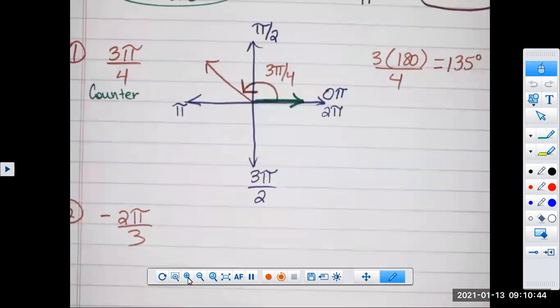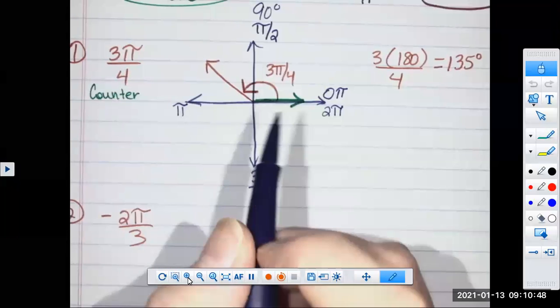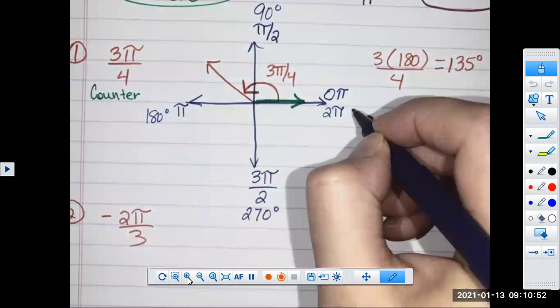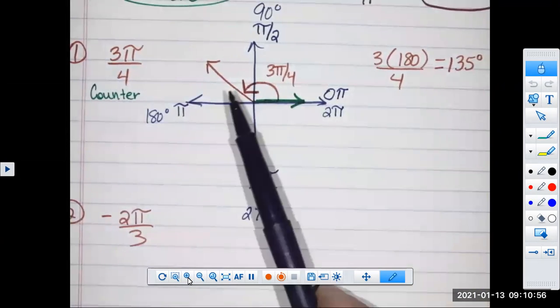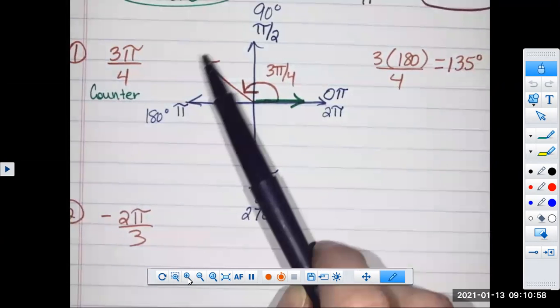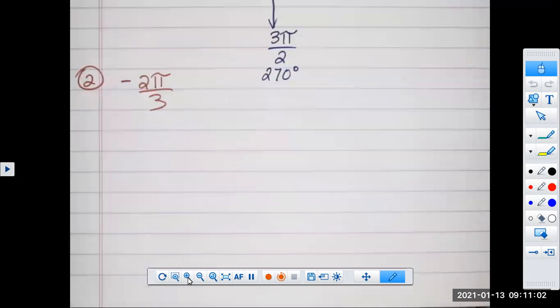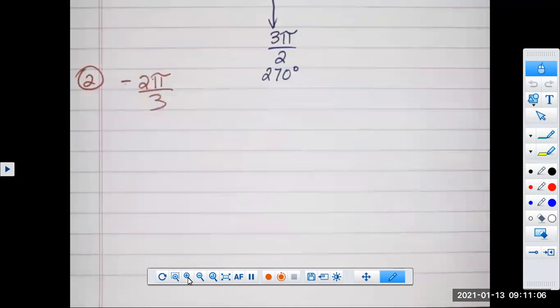That would be 90 degrees. Half a rotation would be 180, 270, and of course, full rotation 360. So 135 is going to be halfway between them. All right, number 2. You've got negative 2 pi over 3.